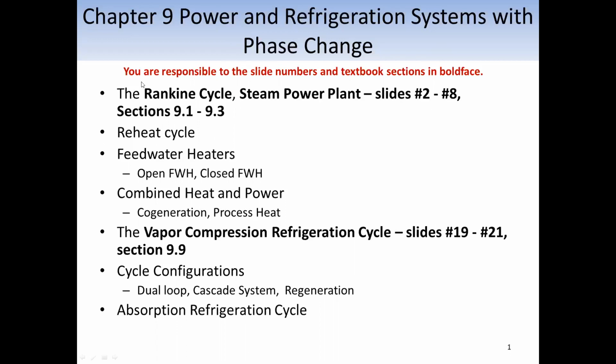We are going to use two idealized cycles, the Rankine cycle and the vapor compression refrigeration cycle, as prime examples to illustrate how the principles we learned before can be used to analyze these cycles in detail. Keep in mind that in this chapter, both the heat engine and the heat pump involve phase change of the working fluids.